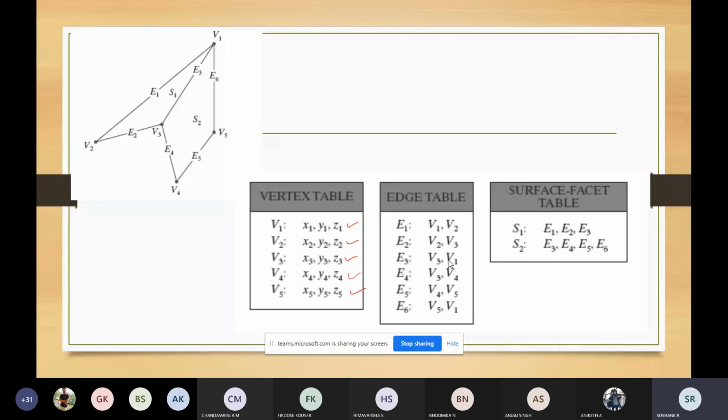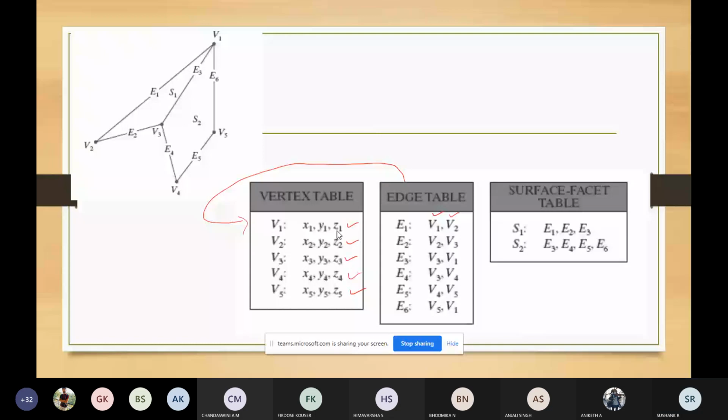So here the edge table consists of the edges which are formed by the vertices, and this edge table will contain a pointer back to the vertex table to identify the vertices for each edge. For each edge, what are the vertices? That will be maintained through the pointer from the edge table to the vertex table.